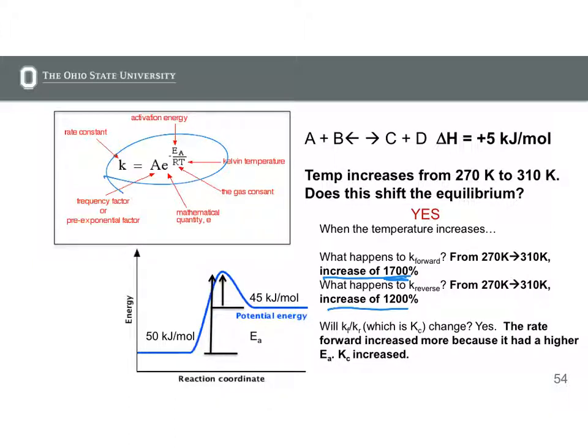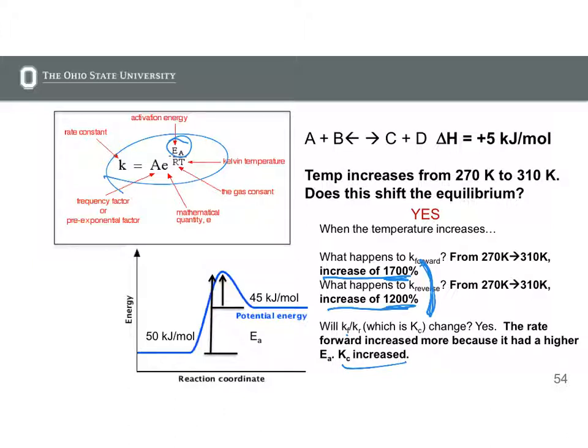The reverse rate doesn't increase as much. It only increases 1,200%, because of the different activation energies. That magnitude of activation energy shows up in this equation, and it affects the percent increase in rate. Because these increases aren't the same, our K value, large K, is increased. By the way, Kf over Kr is equal to K.